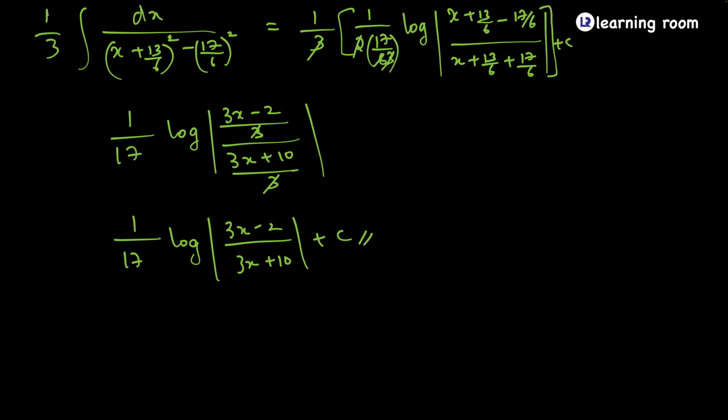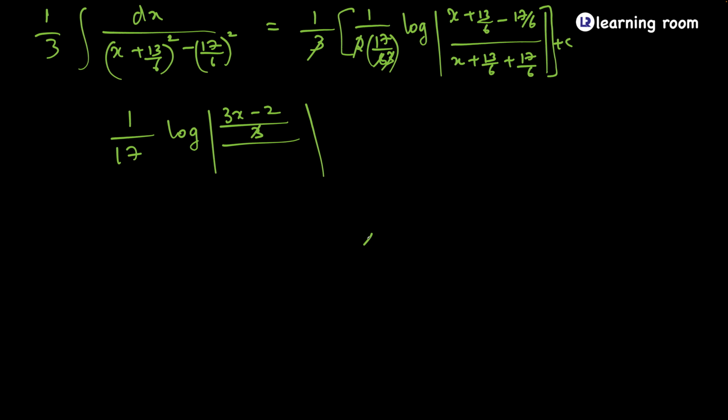I wrote 5 as 10 by 3. So correction, here it is going to be x plus 30 by 6, no, it will be 10 by 2.